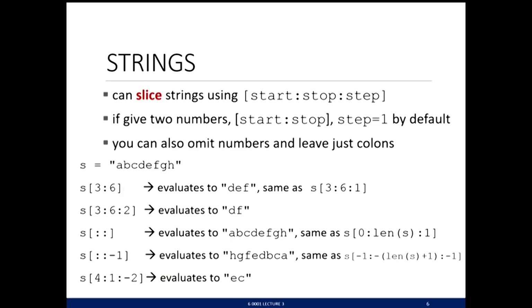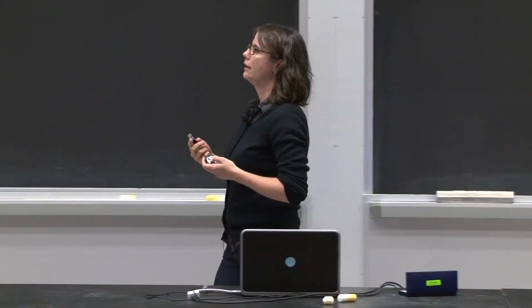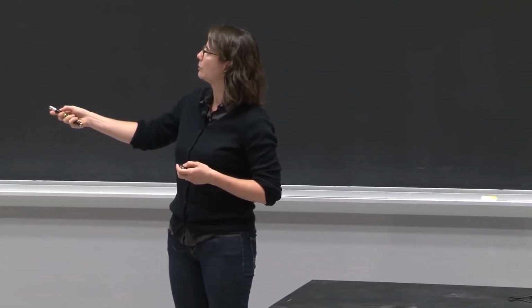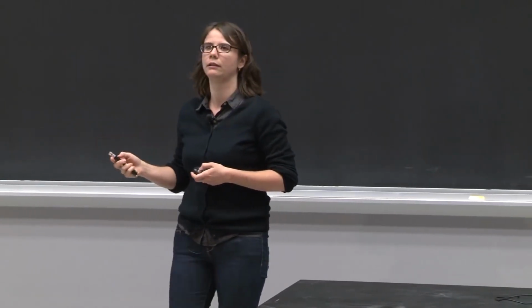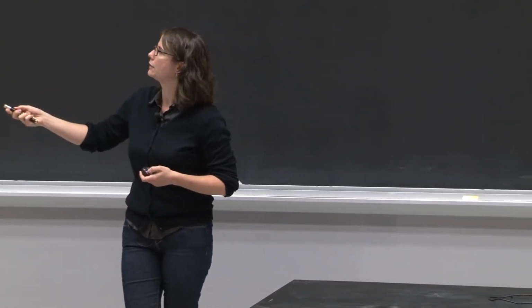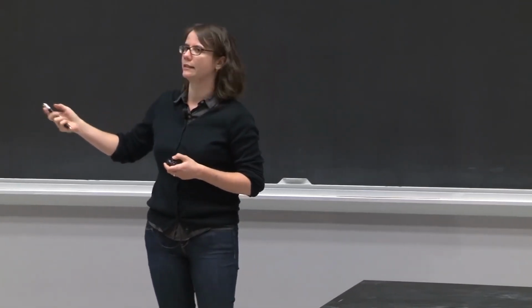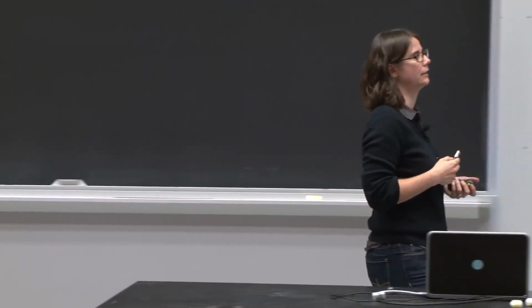And this notation here should seem a little bit familiar because we saw it last lecture when we did it with range. We had a start, stop, and a step. The notation was a little bit different because in range we had open close parentheses and commas in between. But except for that, this sort of works the same. The start is the index, starting from 0, from where you want to slice into the string.